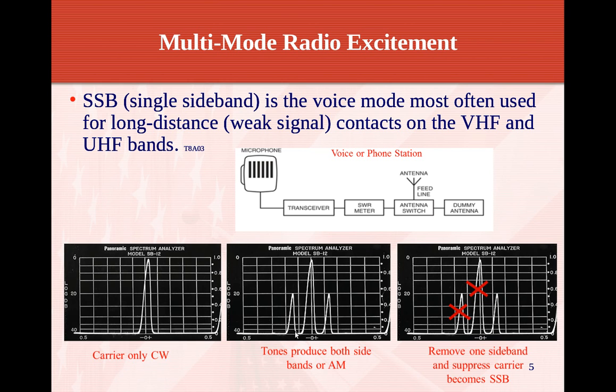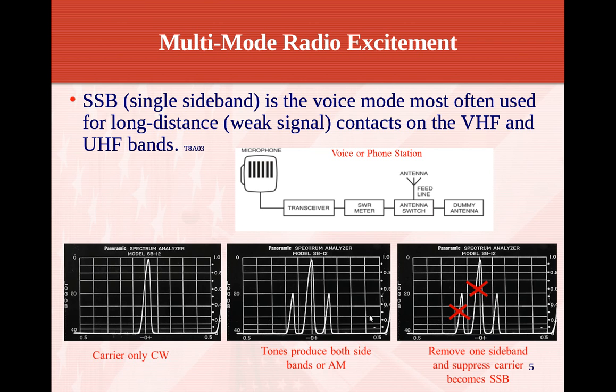Now when you're in AM, you produce the carrier plus 2 sidebands, an upper sideband and a lower sideband. So there's a lot of wasted energy in creating the carrier and the sideband because it contains the same information. So your upper and lower sideband, when you're in the AM mode, is exactly identical for information.